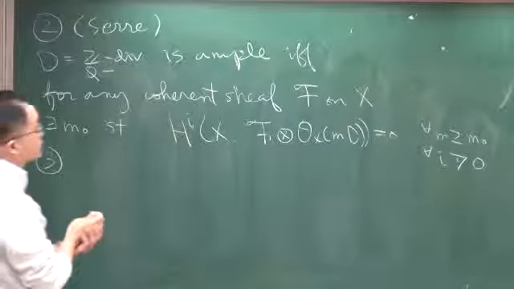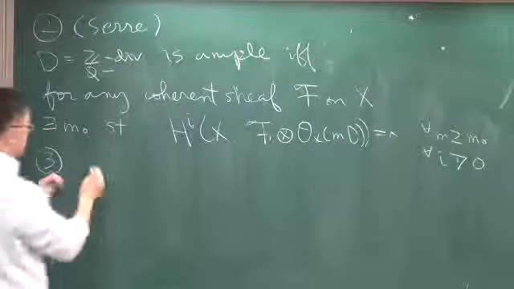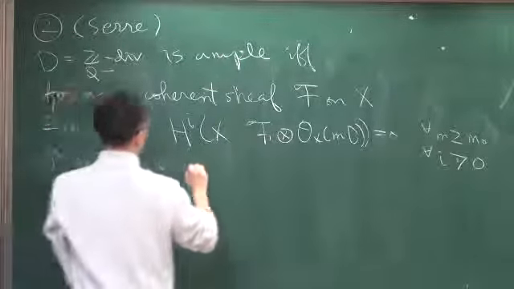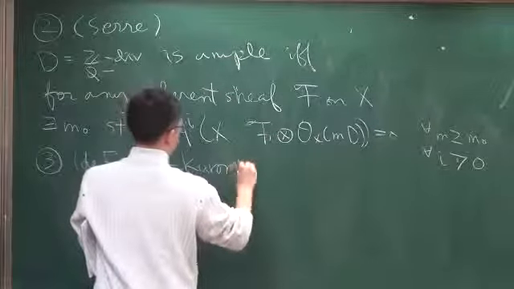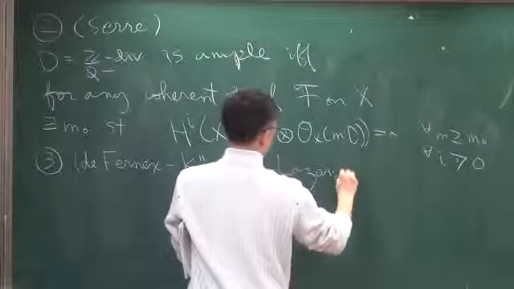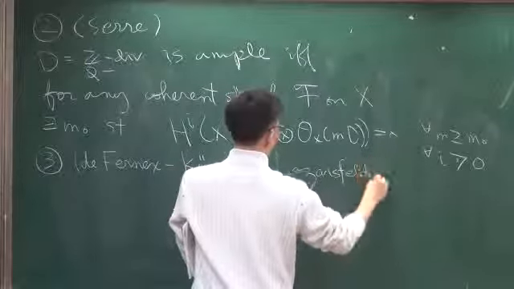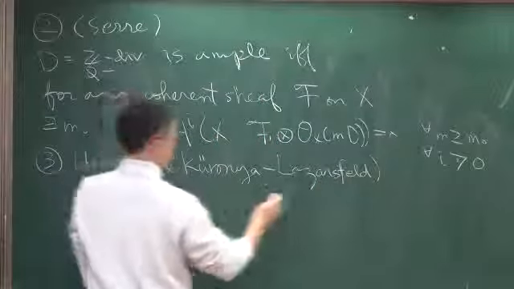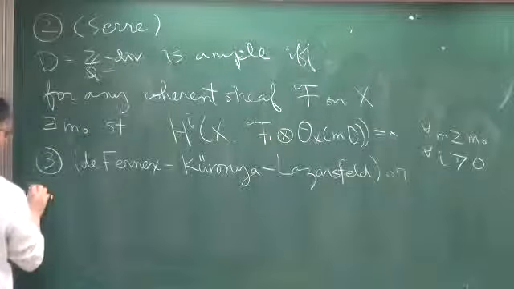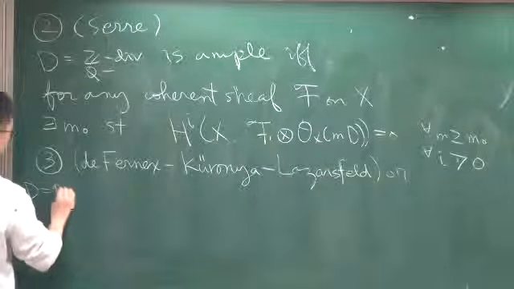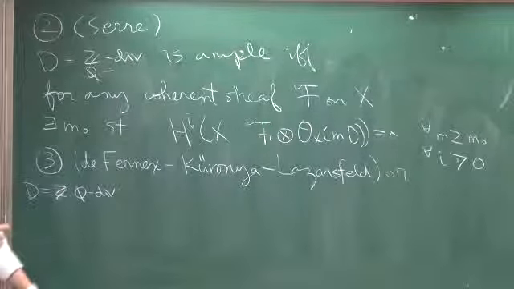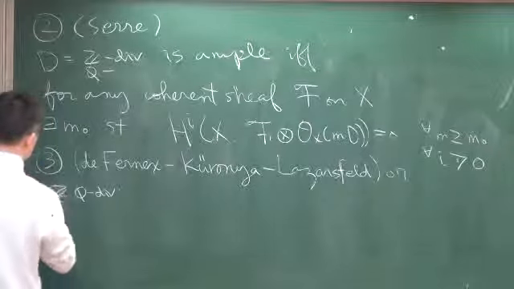And the third condition is relatively new. It's due to Fernex, Küronya, and Lazarsfeld, in a paper published in 2007. So let's say D is a Q divisor or Z divisor.